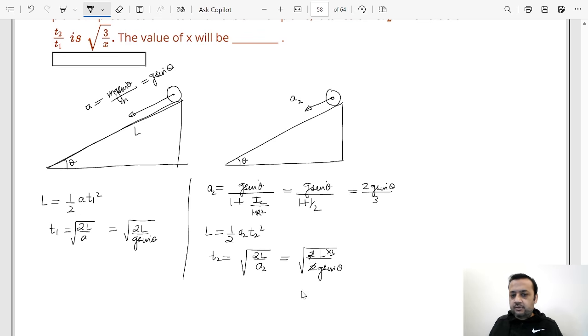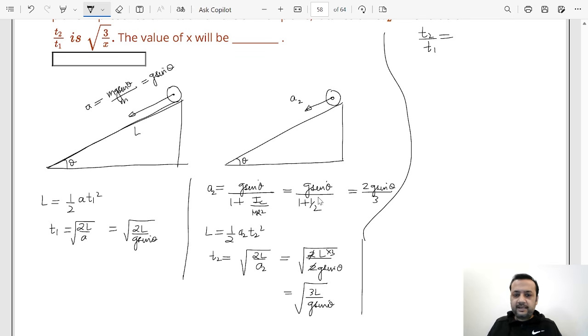So we get under root of 3L by g sine theta. This is the value of t2, and we have to take the ratio of t2 to t1. L by g sine theta will get cancelled, and we get under root of 3 by 2. That means x becomes 2. I hope you have understood.